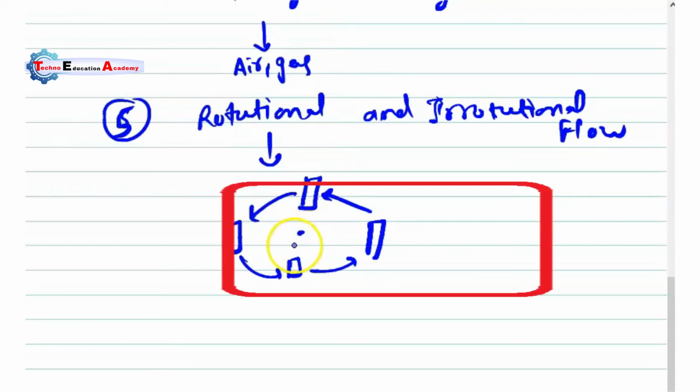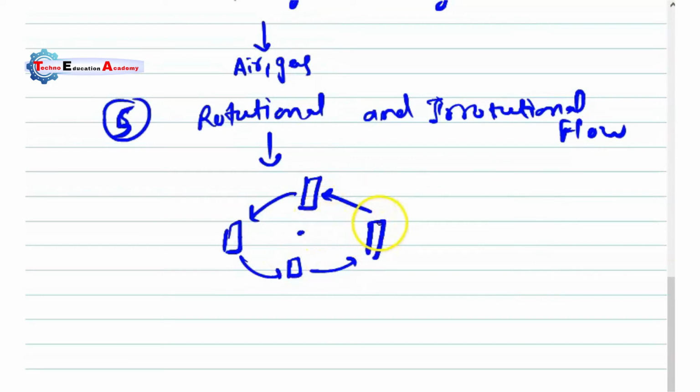The fluid element moves about its own center like that, in motion. So the fluid element moves around the center of its own axis and also about the center of the fluid flow.